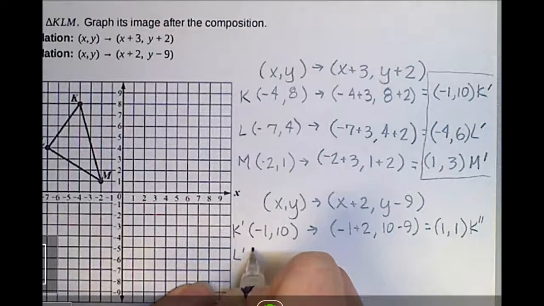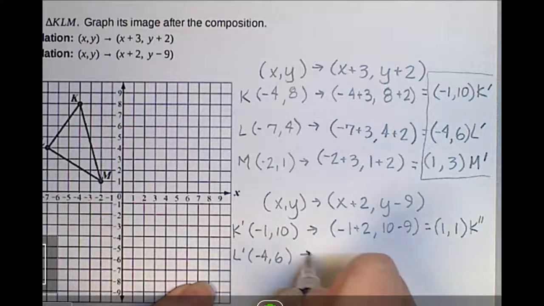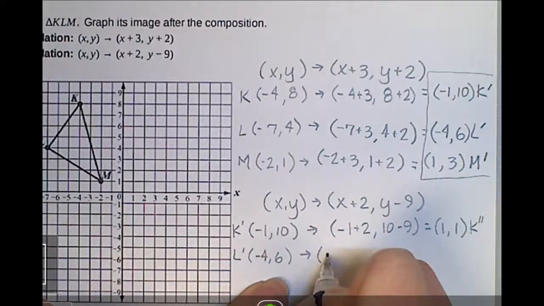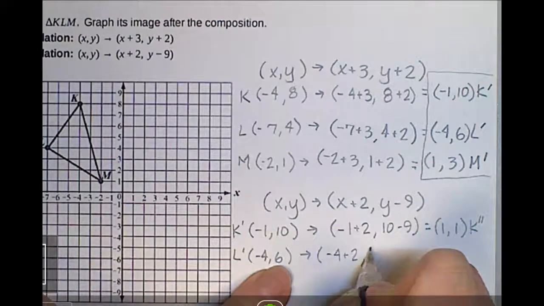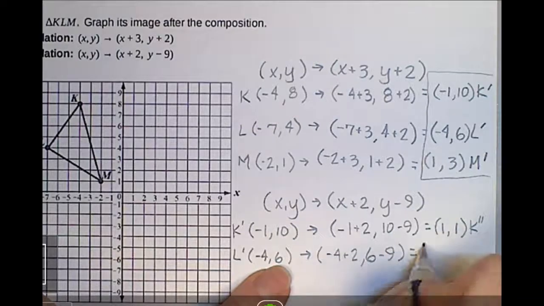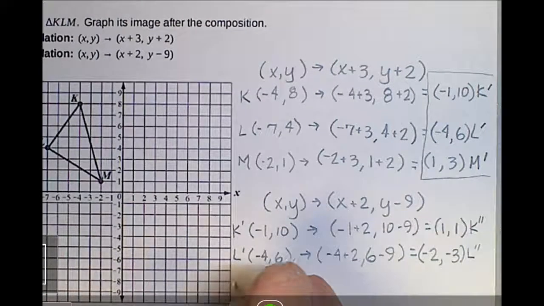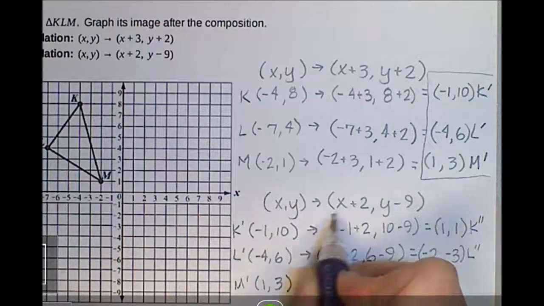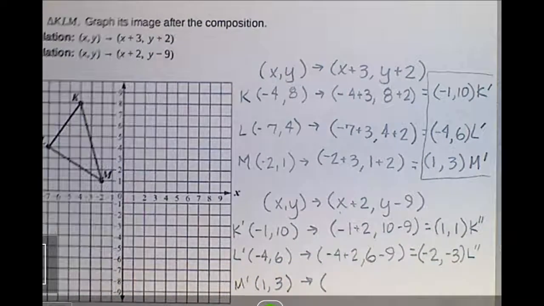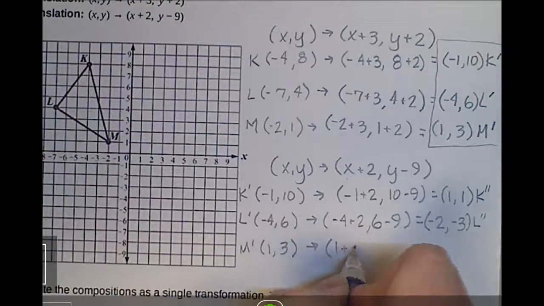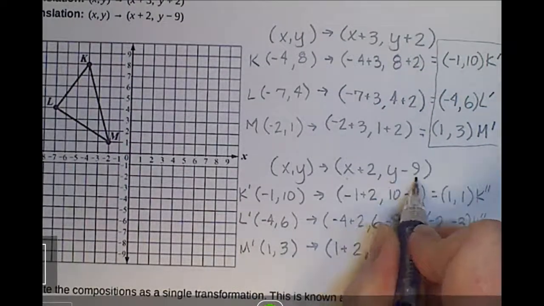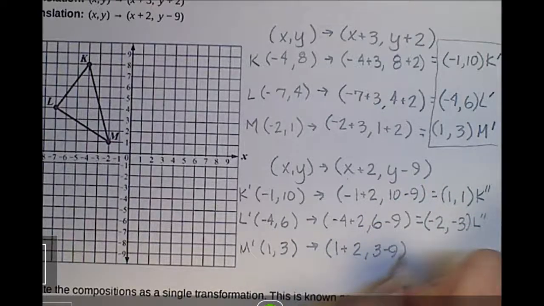L prime was negative 4, 6, and then we get negative 4 plus 2, and 6 minus 9, or negative 2, negative 3 is L double prime. And finally, M prime is 1, 3. Applying the rule, X plus 2, we get 1 plus 2, and Y minus 9, we have 3 minus 9, or a new coordinate point of 3, negative 6 for M double prime.